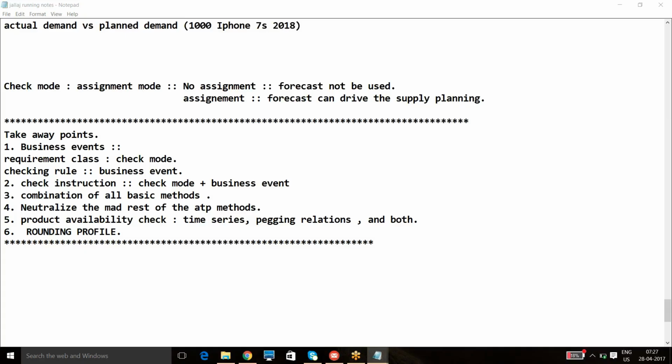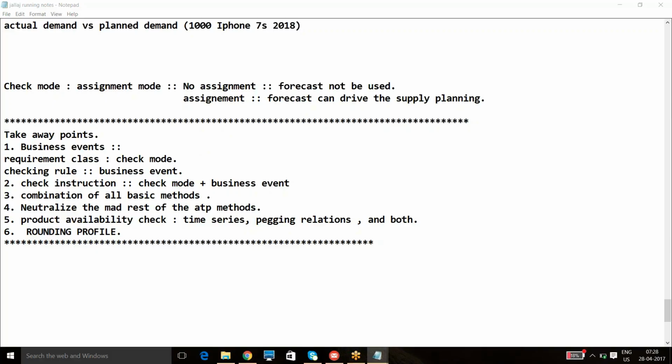We have seen the business event, the requirement class, and the checking rule, that is, for the business event, how we can maintain the Z checking business events if required for our business process. We have seen the check instruction, which is the combination of check mode and business event, and the combination of all basic methods, and neutralizing the basic methods.